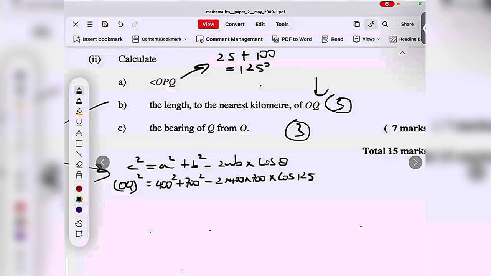Go ahead now, guys, and work out all of this together, one at a time. What is 400 squared plus 700 squared? 650,000. Confirm that, please.